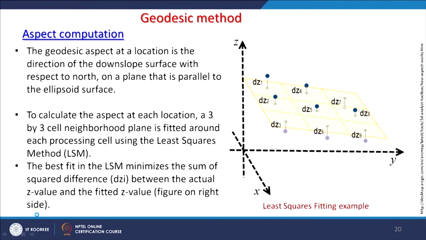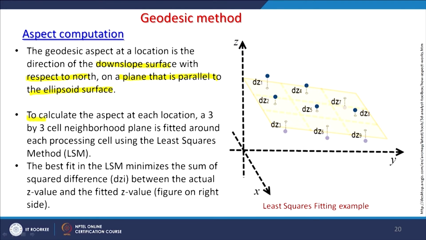And now, in this geodesic calculation, aspect is the direction of the downslope surface, and it is measured with reference to north, of course on a plane that is parallel to the ellipsoidal surface, because it has to be measured only in a horizontal plane basically.